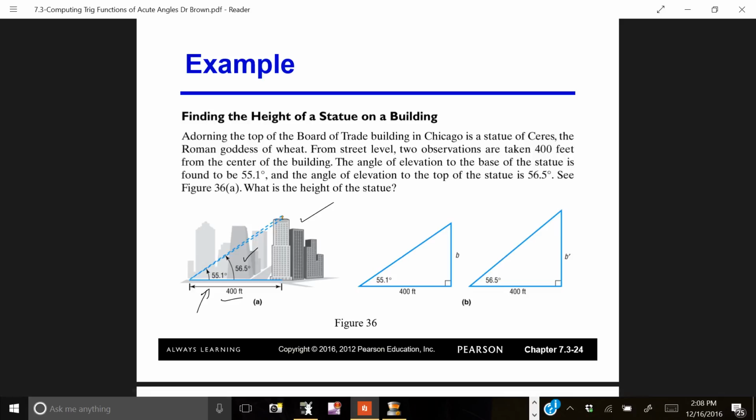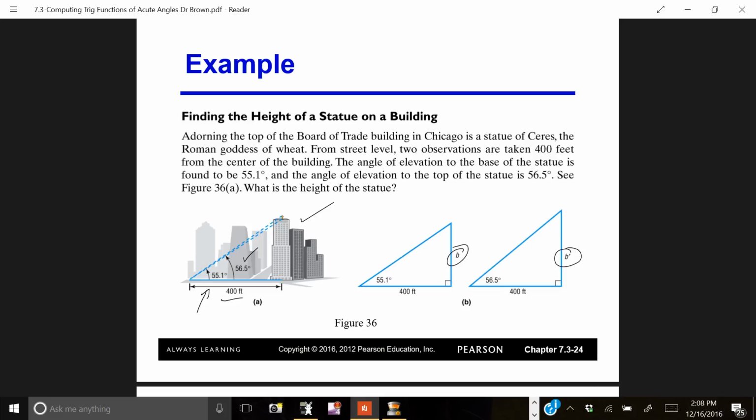So if we can figure out what B is and what B prime is, and subtract them, we get the height of the statue.